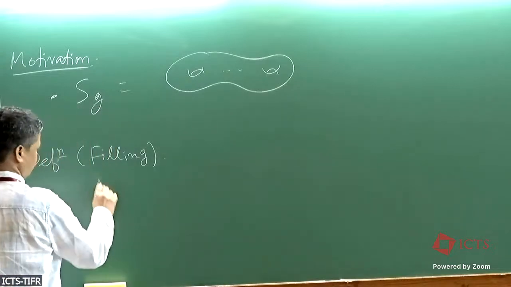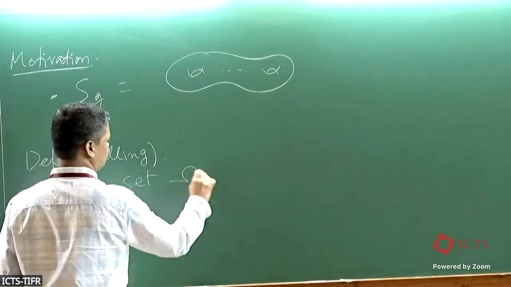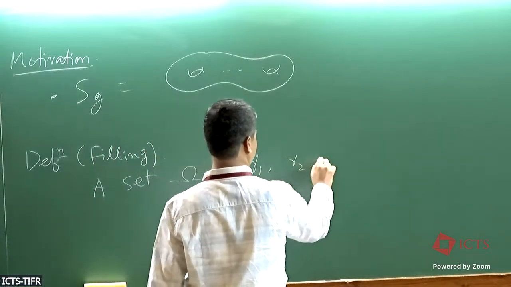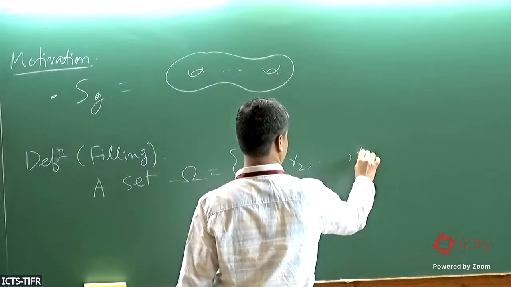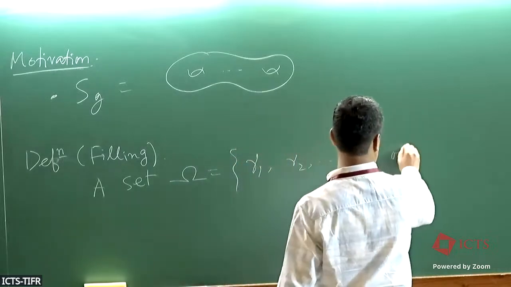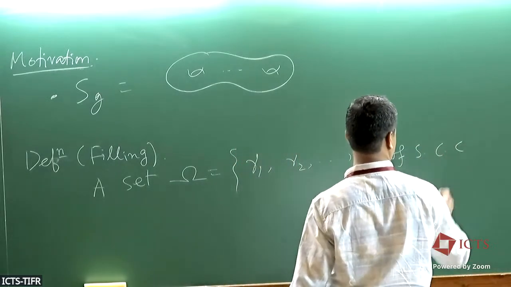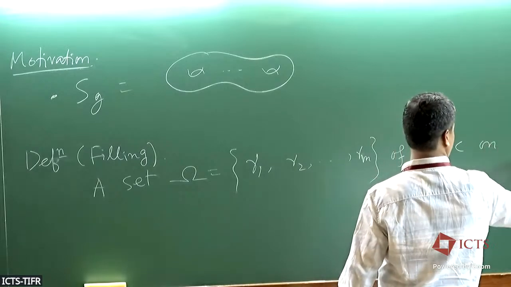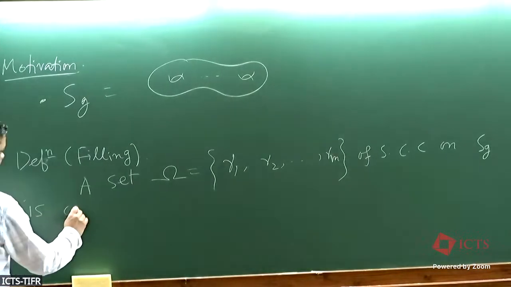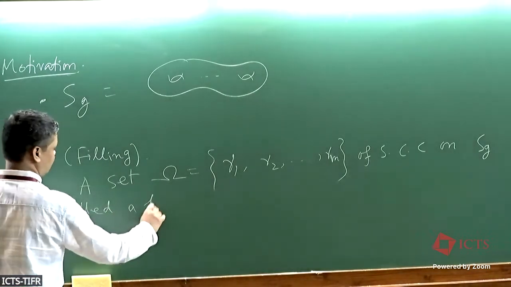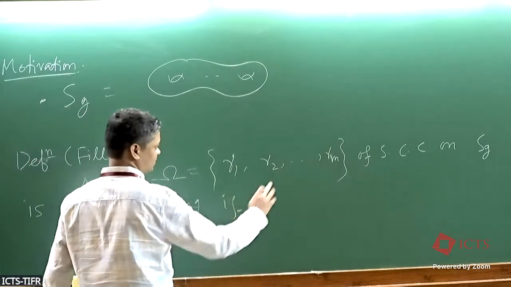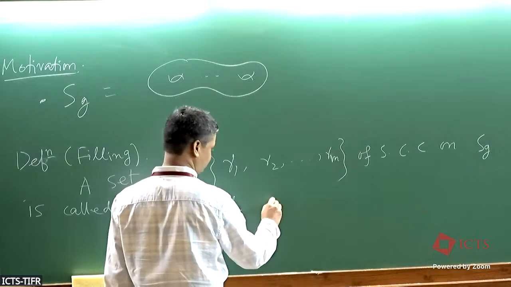A set of simple closed curves gamma_1, gamma_2, and so on up to gamma_m on the surface S_g is called a filling if these curves are in minimal position.